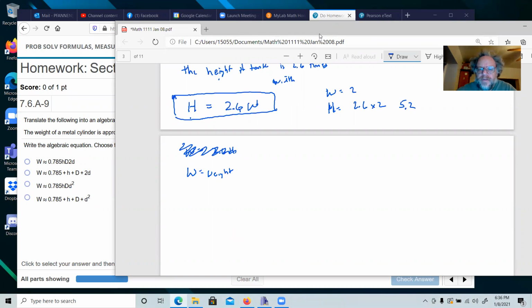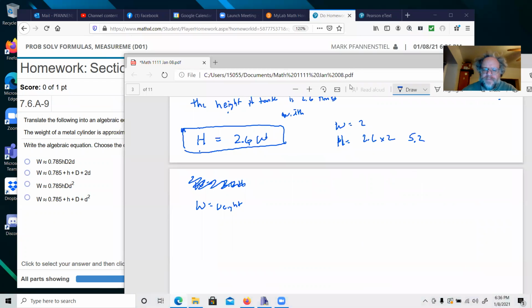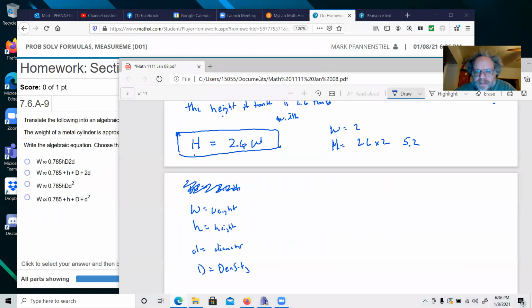We want little h to be the height, little d to be the diameter, and big D to be the density.